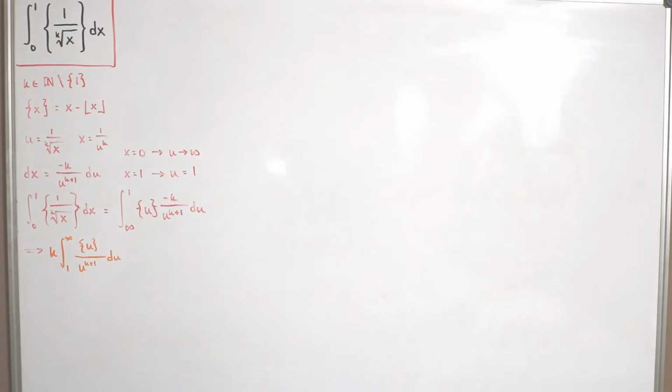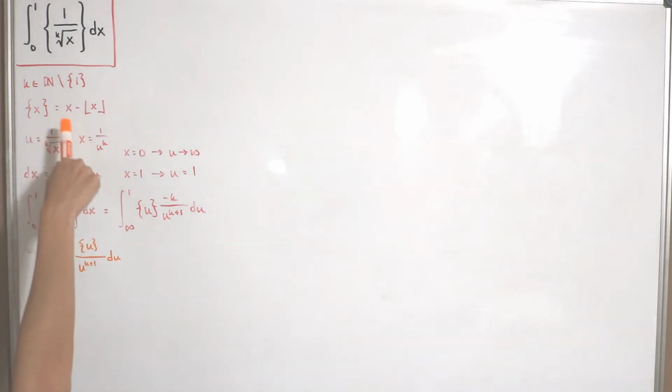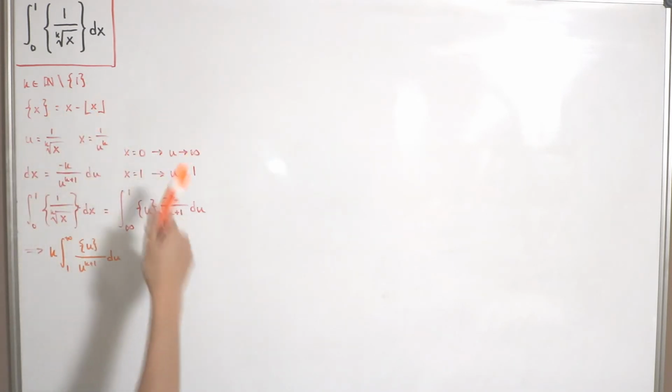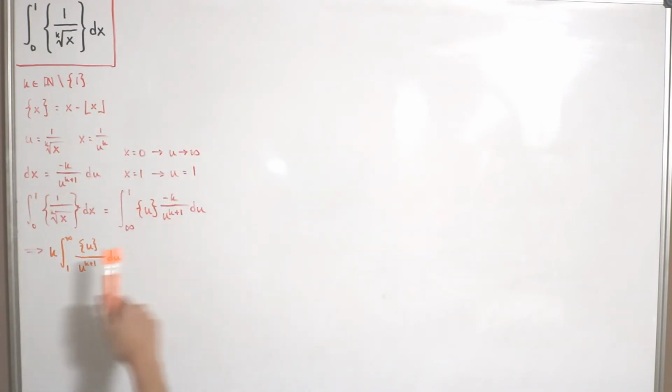You get the idea about the fractionals: the fractional part is equal to some x minus the floor of x. So we can break up this integral into an infinite sum of small integrals with integer limits.